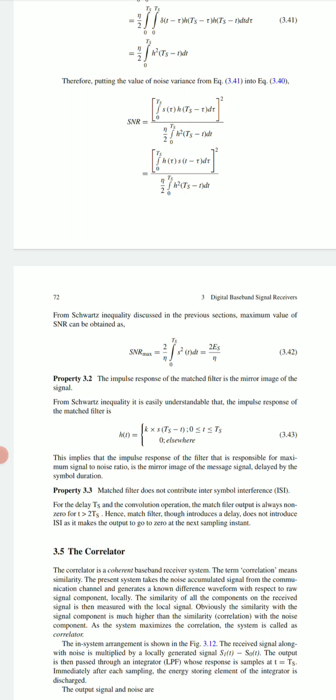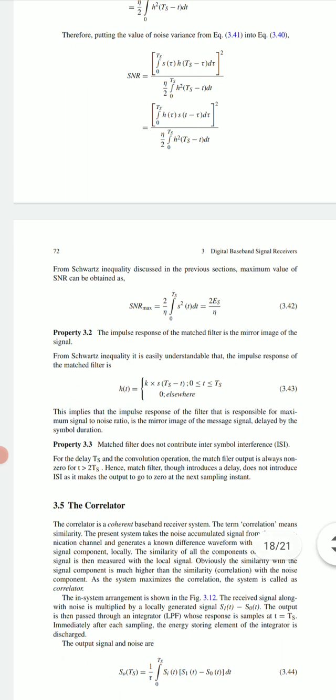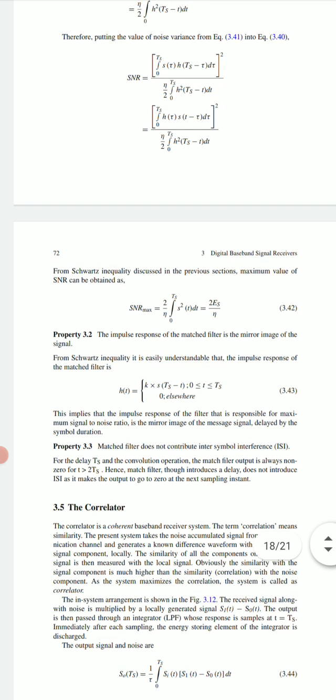This implies that the impulse response is responsible for maximizing the signal to noise ratio, and it is the mirror image of the message signal, delayed by the symbol duration.